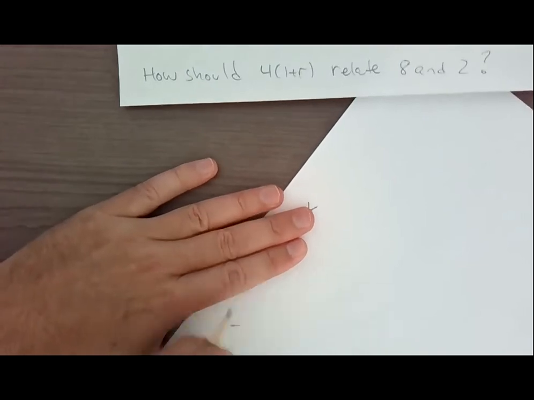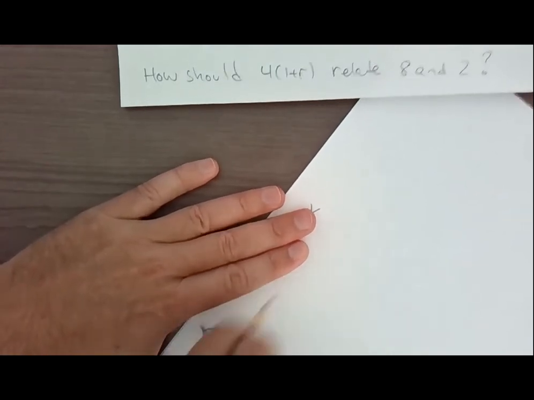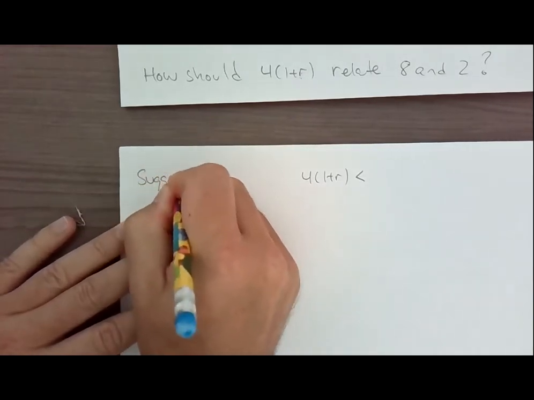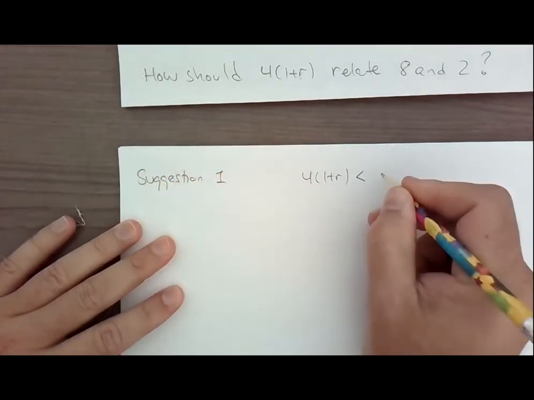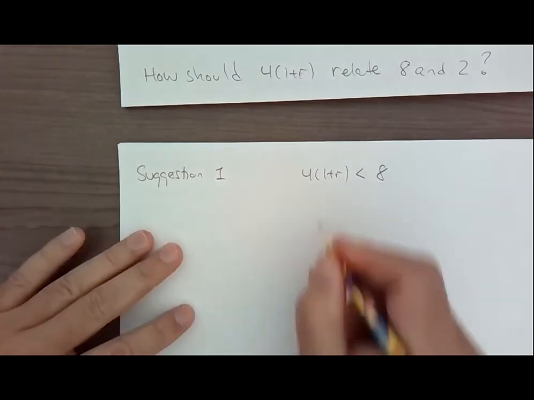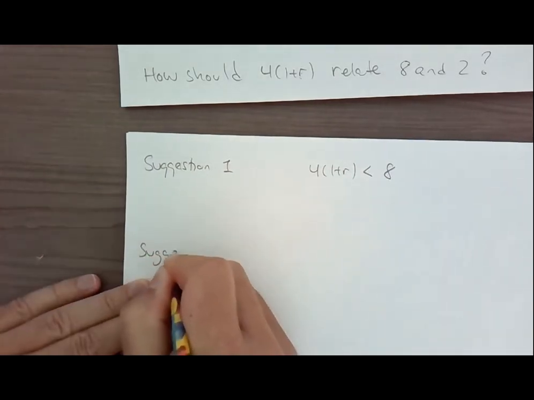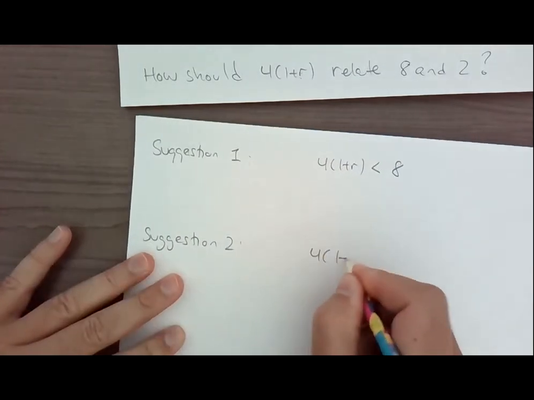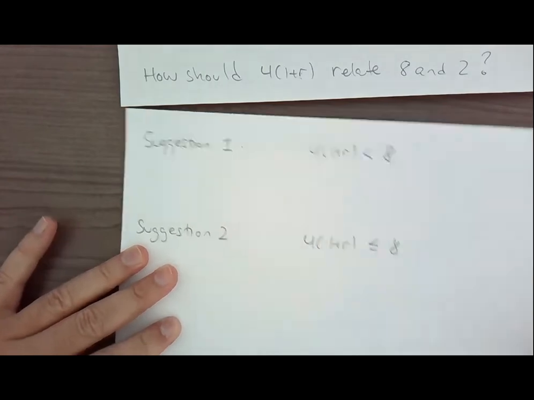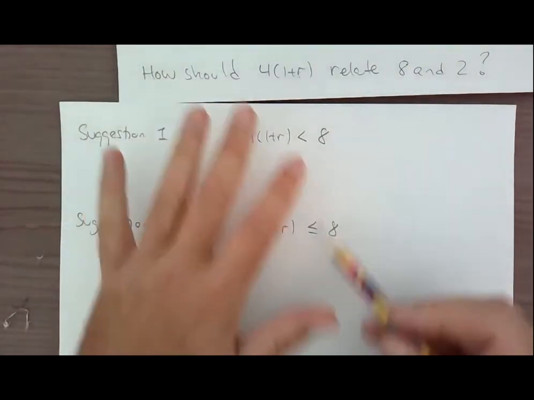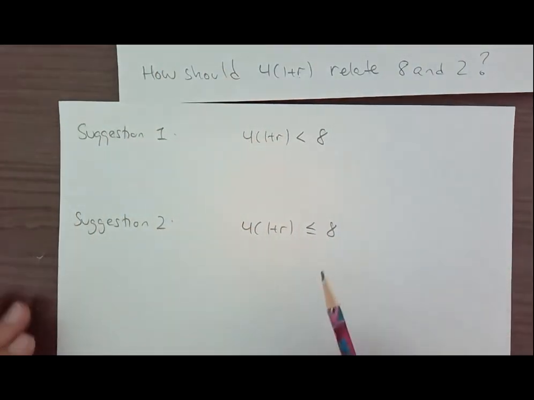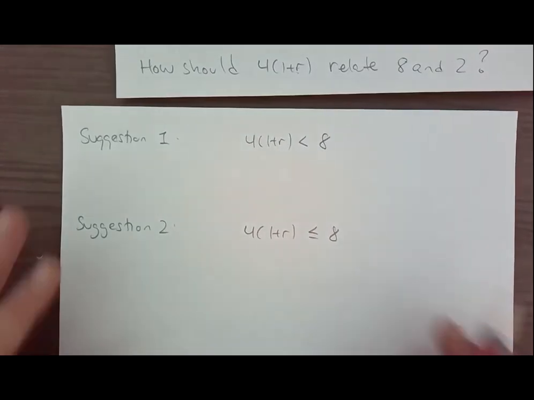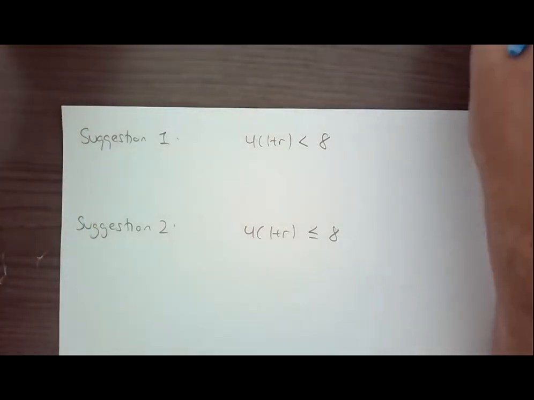Let me write them down and we will go back and have a discussion about them. So here's suggestion 1, less than 8, and suggestion 2, 4 times 1 plus R less than or equal to 8. Admittedly, this distinction is not a very big one. There are not that many values of R that will make it exactly equal. So that's suggestion 1, that's suggestion 2. Should we have other suggestions?